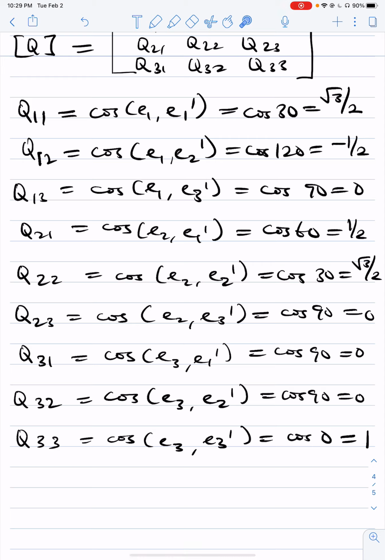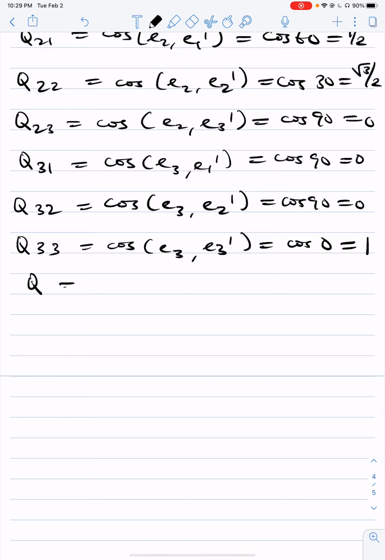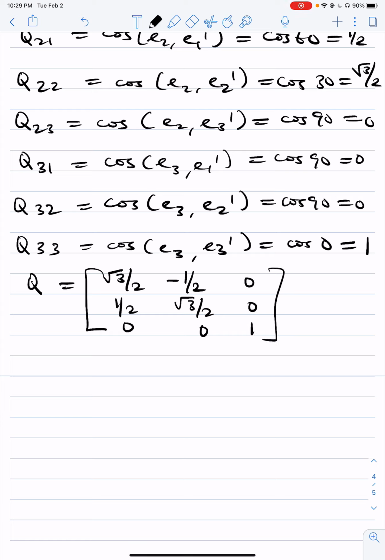So if you now look at our matrix, you can populate it to have Q equal to root 3 over 2, 1 over 2, 0, minus 1 over 2, no, that's not a negative, root 3 over 2, 0, 0, 0, 1. And that's the transformation matrix, right? That simply moved Ei to Ei prime. I trust this makes a lot of sense.